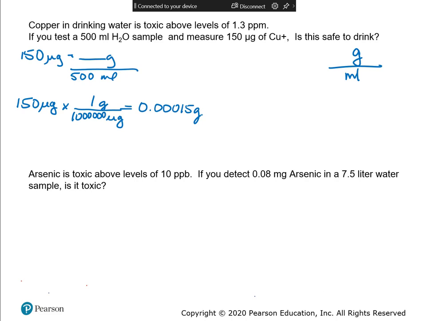So there's the mass of my solute. I just take that and divide it by the volume of my water sample, which is 500 milliliters. And whatever my answer is, multiply it times 1,000,000.